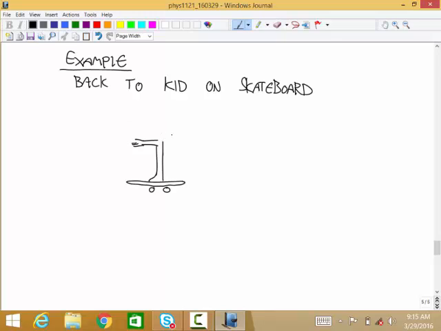But this time the ball comes in and hits him right in the face and bounces off.